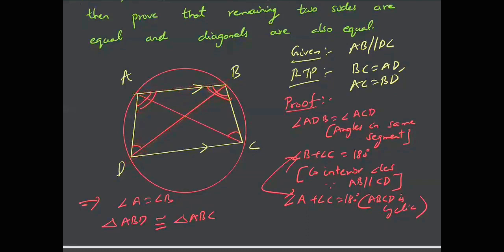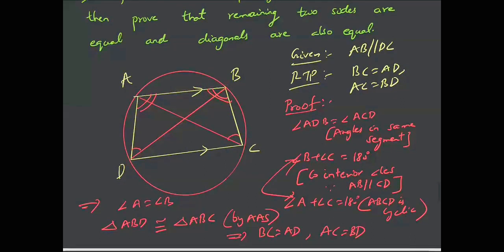So these two are congruent by AAS. So this implies that BC must be equal to AD and AC must be equal to BD. Find the corresponding parts. This should be equal and this should be equal. So quickly copy it down.